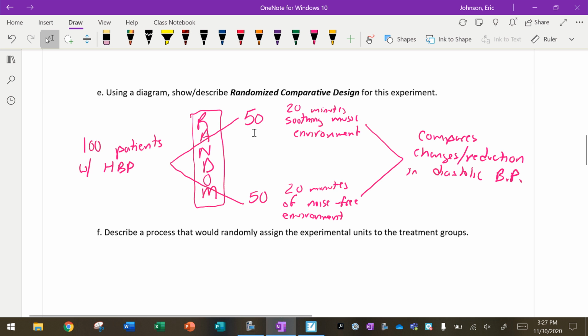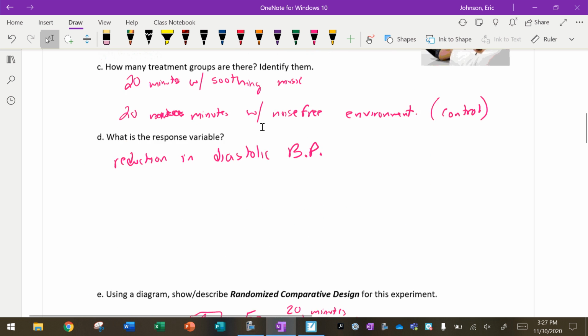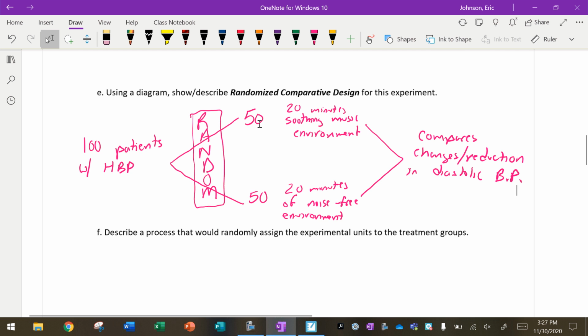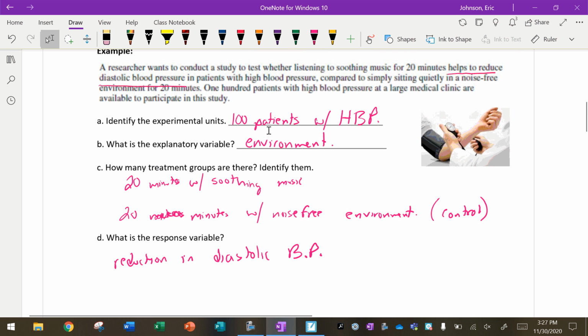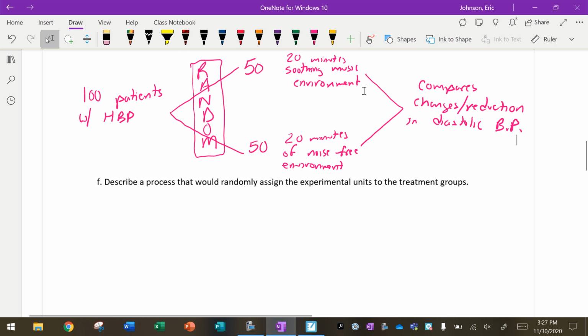Really, part A through D here was to get you set up for this diagram for a randomized comparative design. That was the whole purpose. All of A through D was basically from day one: experimental units, explanatory variable, treatments, response variable. That's all the vocab that was established in day one. And now we use that to set up a diagram for the comparative design.